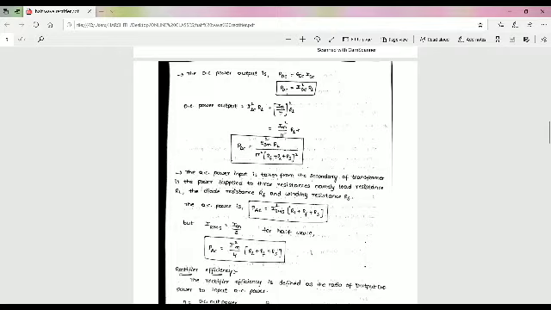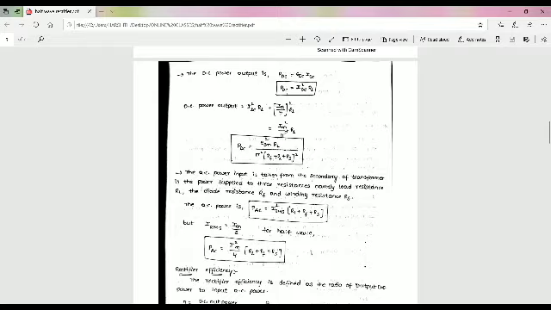So PDC equals I square m by pi square into RL, where Im can also be written as ESM by (RF plus RL plus RS). That's why PDC equals E square SM into RL by pi square (RF plus RL plus RS) whole square. That is the DC power output.